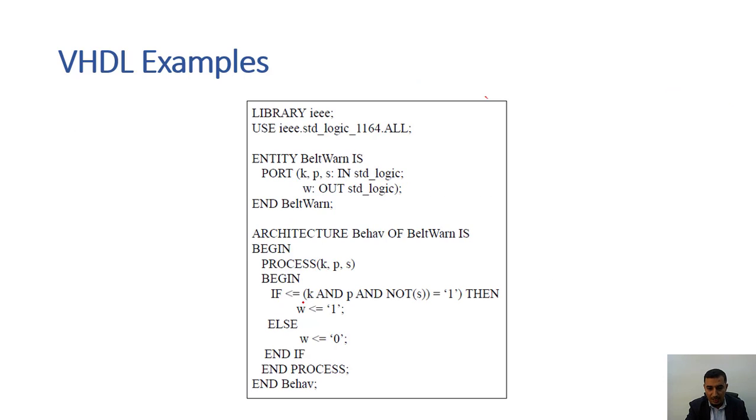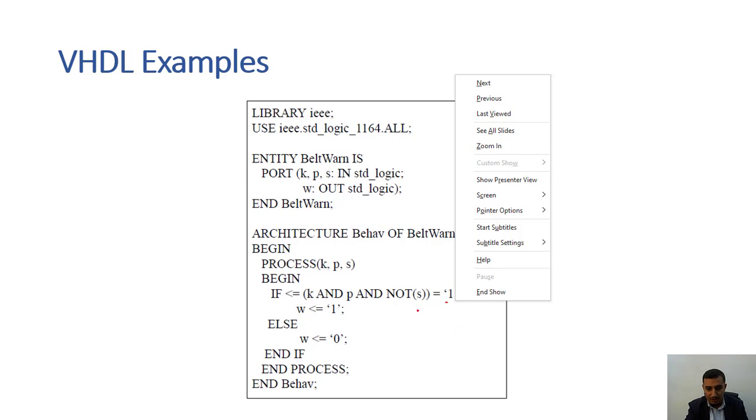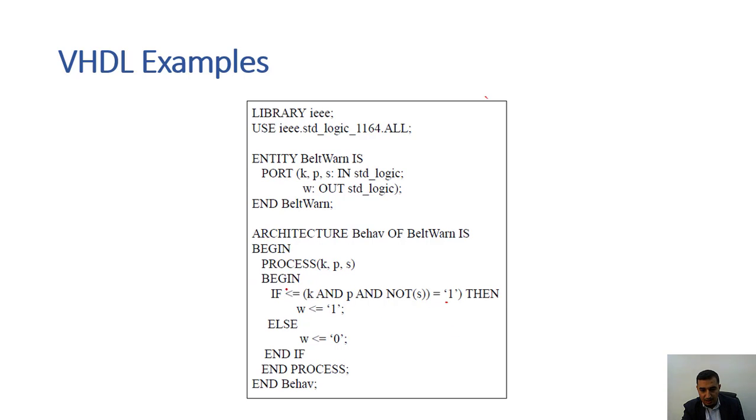So you can see here, if K and P and not S is equal to 1, see how the if statement works. These brackets, K and P and not S equal to 1, are our condition, then warning is equal to 1, else warning is equal to 0.